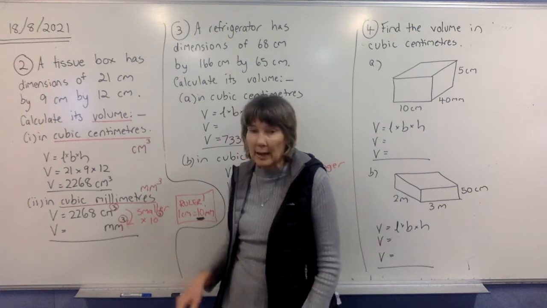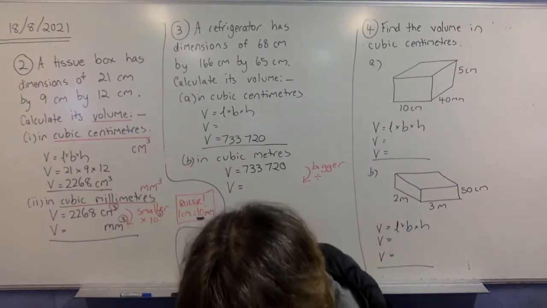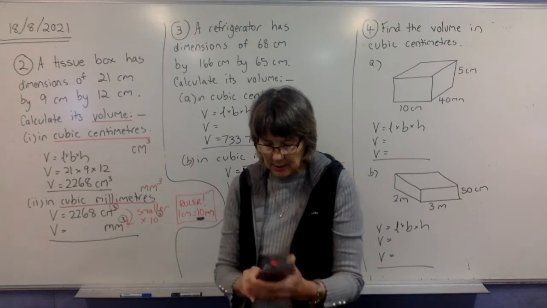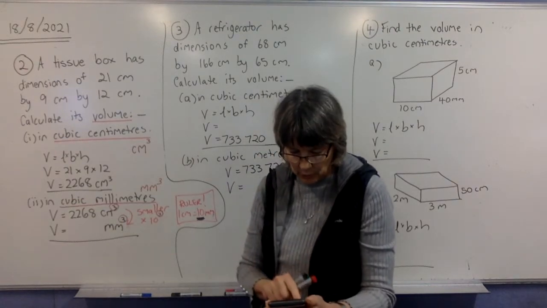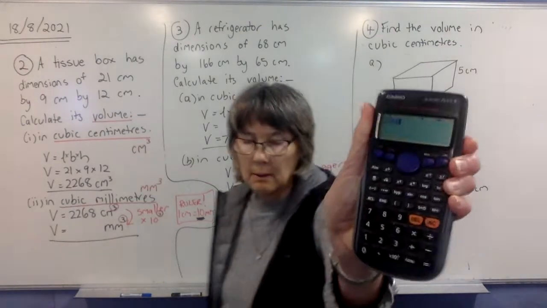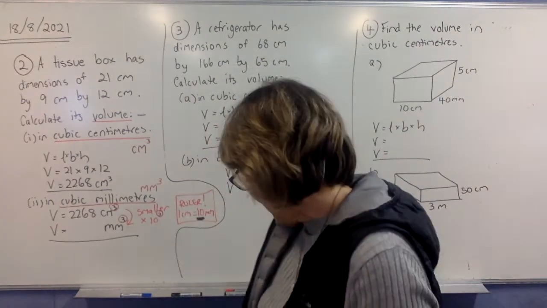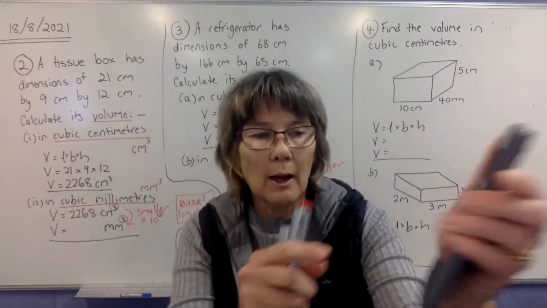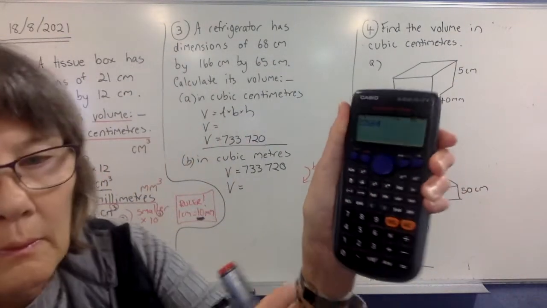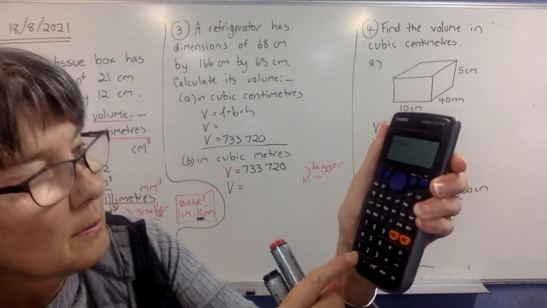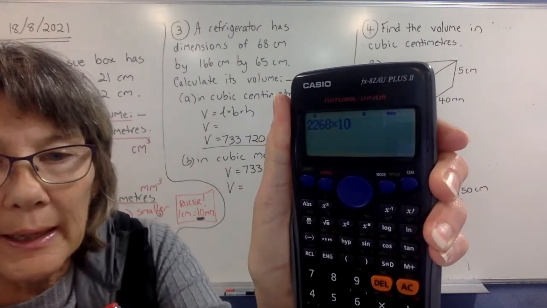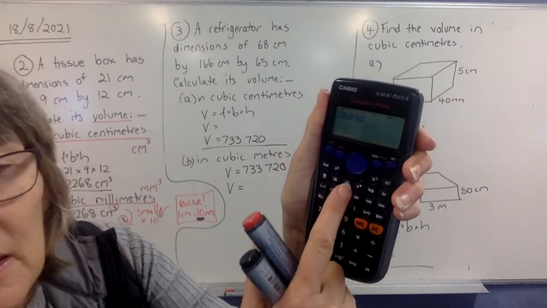Okay, so you're putting in your calculator. Don't forget how to do this. So we're putting in 2268, times 10 cubed. Now, the power key, remember, is up next to the squared key.